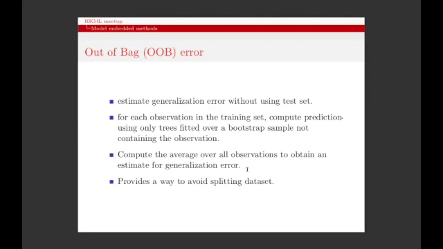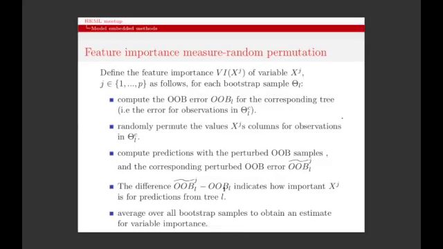So this is a quite good estimate for the generalization error, and it allows us to estimate it while training the model without using a test set. And so it provides a way to avoid splitting the data set.